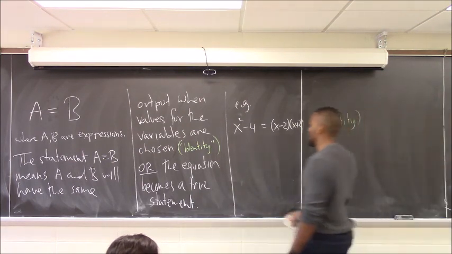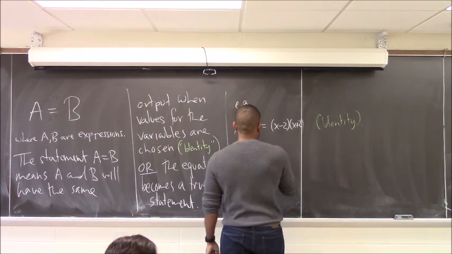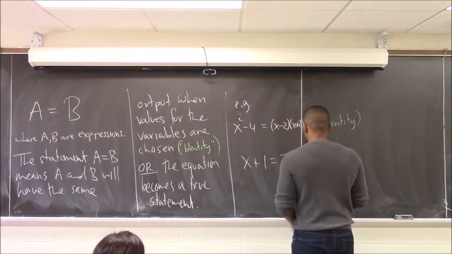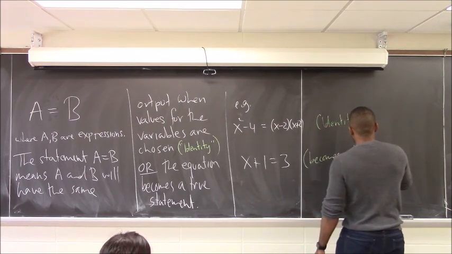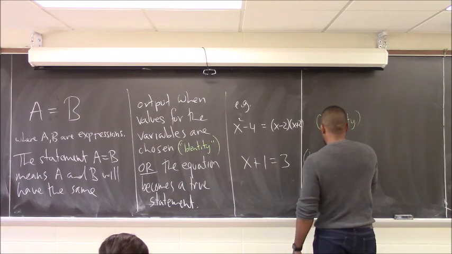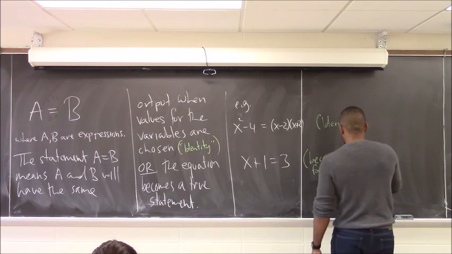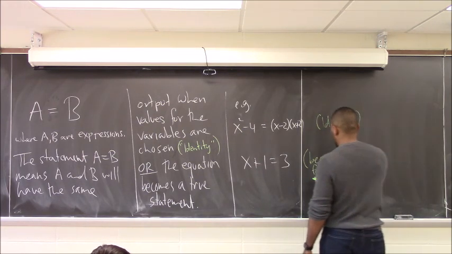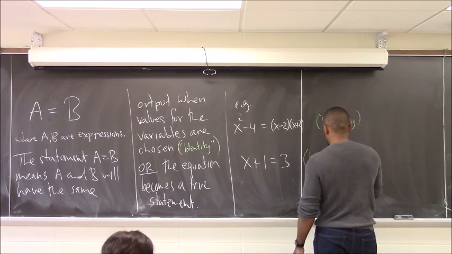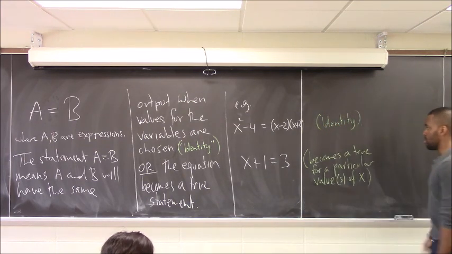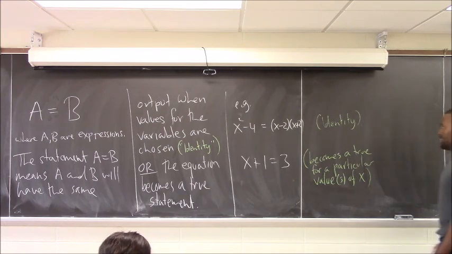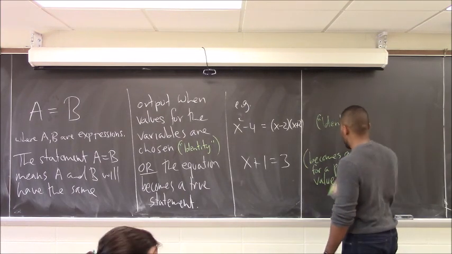I can also write down something like x plus 1 equals 3. And this becomes a true statement for a particular value of x, which is the variable, which we just define what that is. And this one you just call a regular equation.